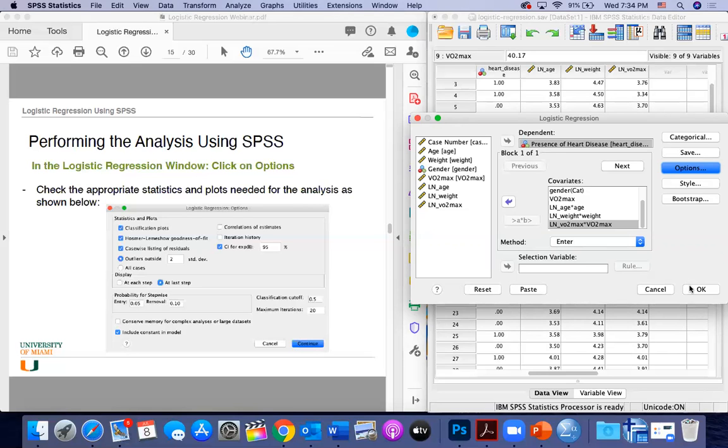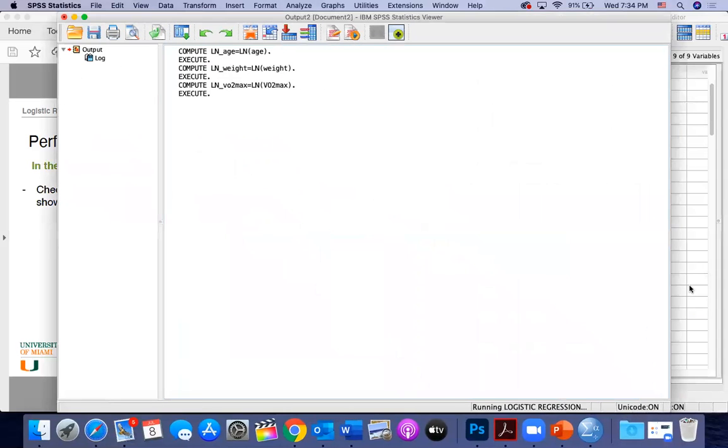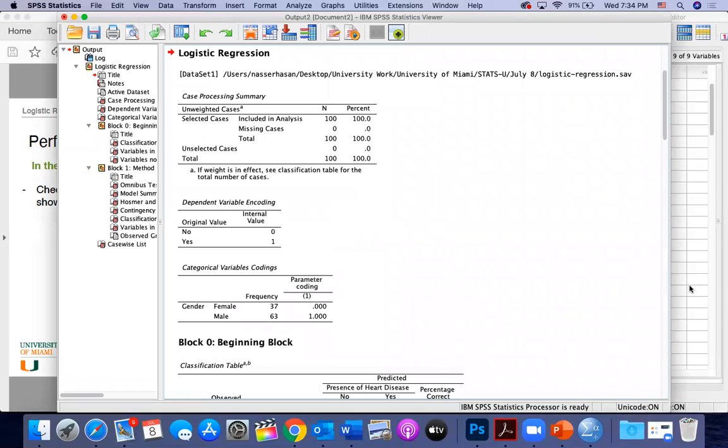Okay, then hit OK. And let's look at the output. Remember that we are not doing the real analysis. We just want to assess the fourth assumption using the Box-Tidwell test technique.